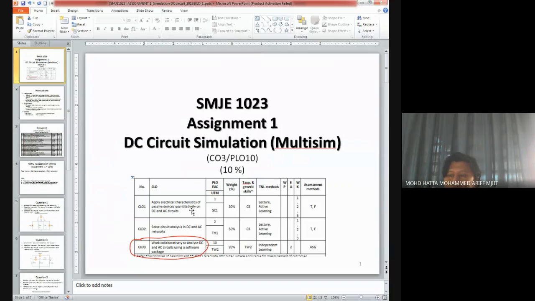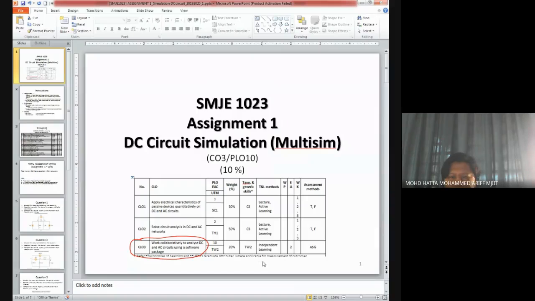All right. For assignment, basically, if you look at our course information, it falls in course learning outcome 3, where the one that we try to assess is the ability of teamwork, and also you need to conduct the assignment with independent learning, in terms of finding the sources and also trying to work around how to solve your circuit using this Multisim software.